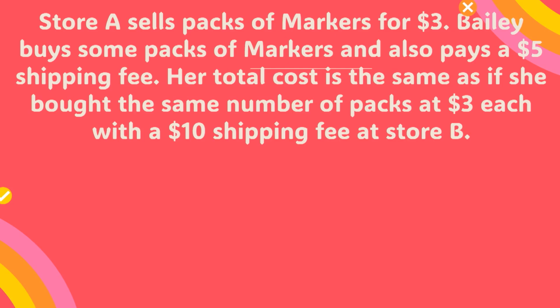So let's go ahead and write these equations. If I have store A and store B, it says that she's got packs of markers for $3 and she pays a $5 shipping fee. So let's just use P for packs. That's just easy.